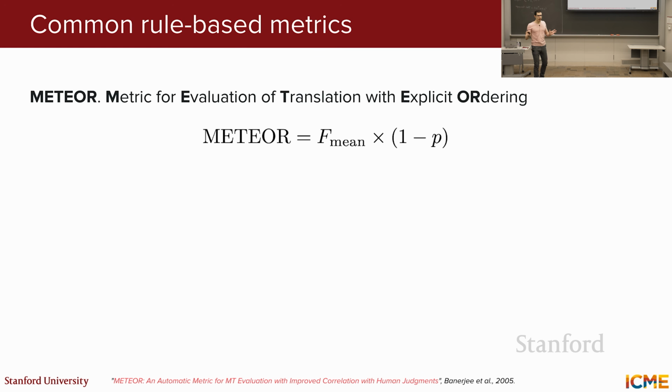So let's start with one common one that people use in the translation case. This metric is called METEOR, and it stands for Metric for Evaluation of Translation with Explicit Ordering.